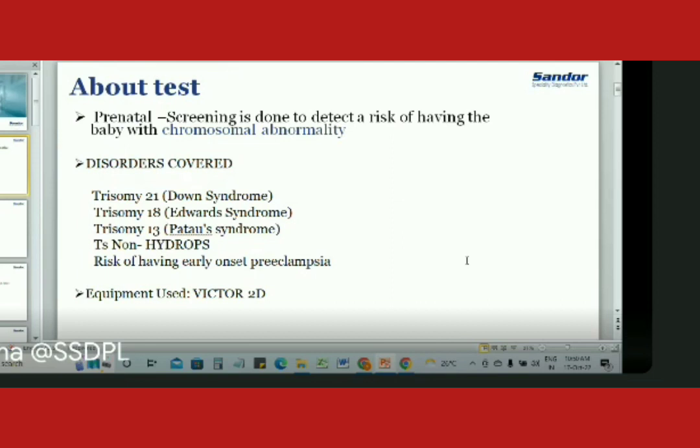So when genetical disorders occur, they could be two kinds. It could be genetical, or, hope you remember cell division.